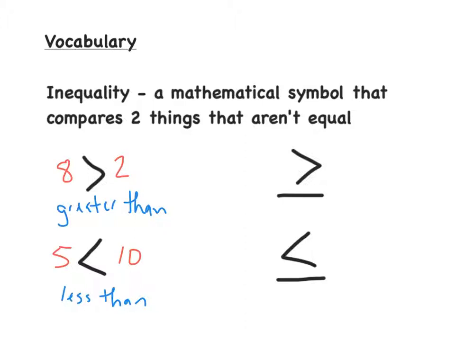Off to the right, it looks like it's greater than, but for some reason it has a bar below it. The bar below it makes it greater than or equal to.